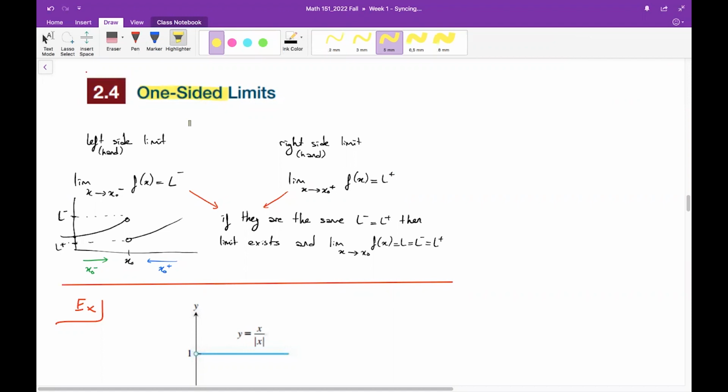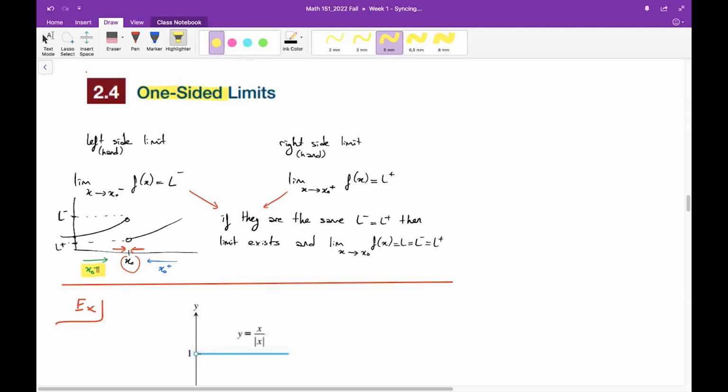Meaning that we look at the limits as x approaches some finite number x0 from left, from this direction, or from right, from this direction. As you can see from this graph, if we approach this value x0 from left, we will be denoting the approach from left by putting a little minus sign in the superscript.